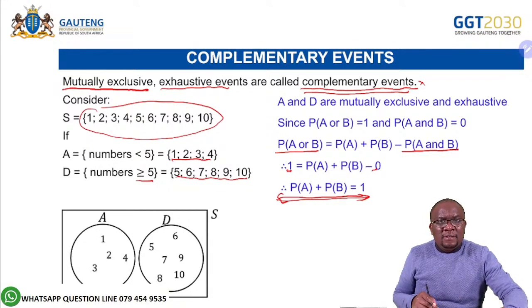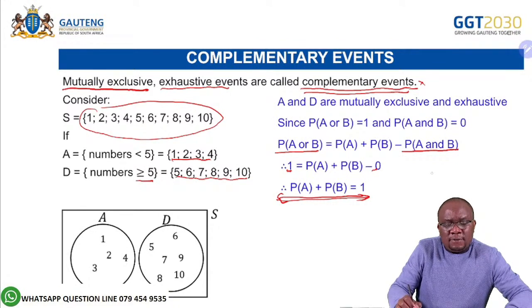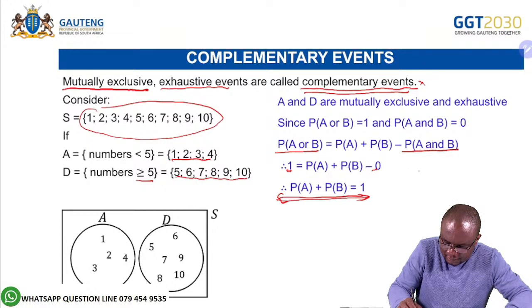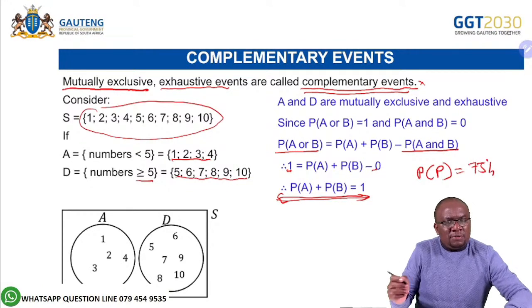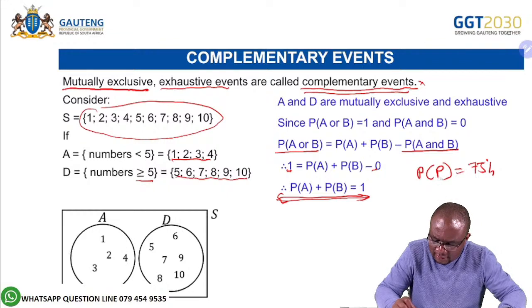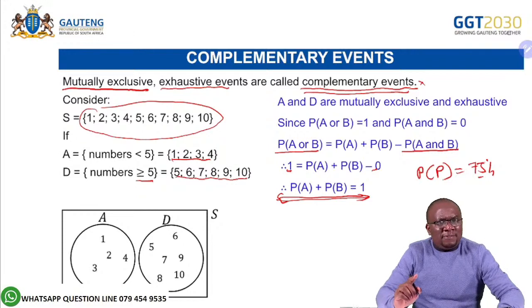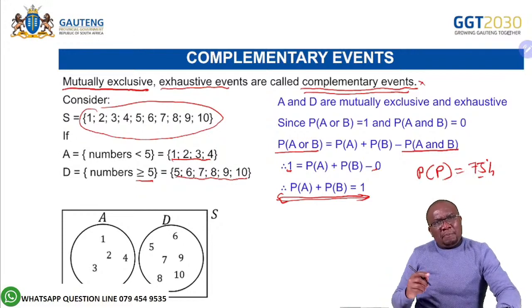If the probability of being promoted is 75%, and you can use decimals, fractions or percentages, what is the probability of not being promoted?